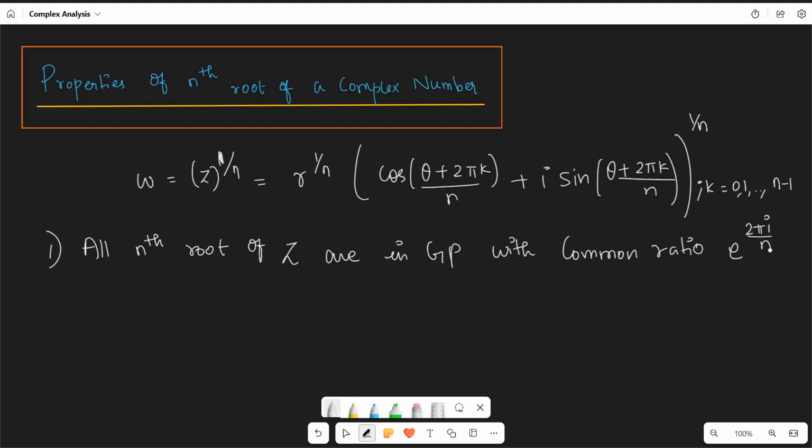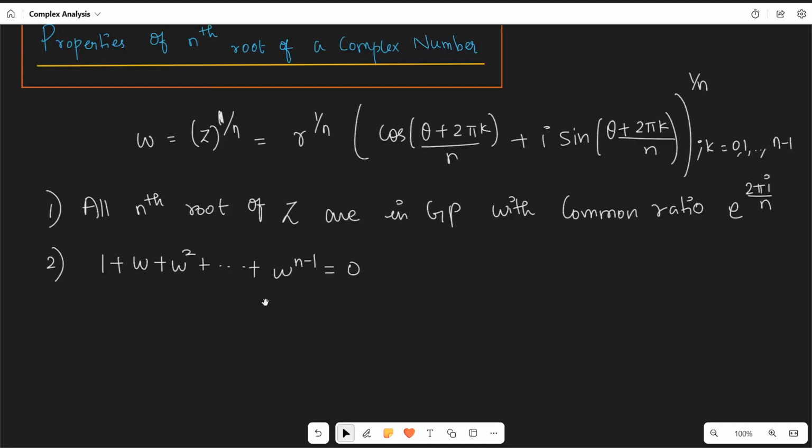And then the sum of the nth roots of z is equal to 0. That is, if I take the roots 1, omega, omega squared and so on till omega power n minus 1, the summation will give you 0. That is, 1 plus omega plus omega squared plus so on till omega power n minus 1 is equal to 0, where 1, omega, omega squared and so on till omega power n minus 1 are the nth roots of z.